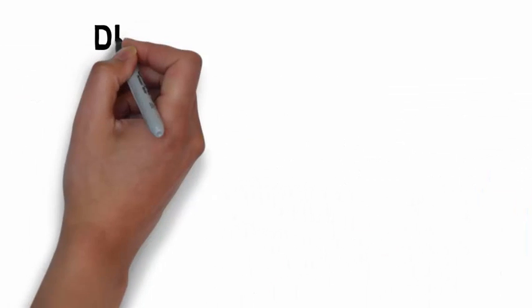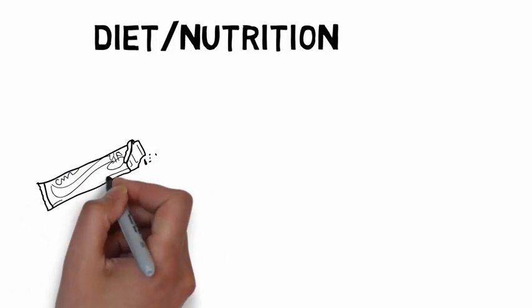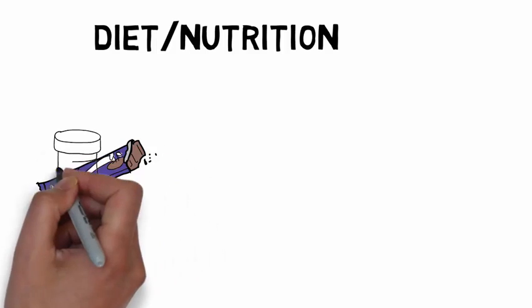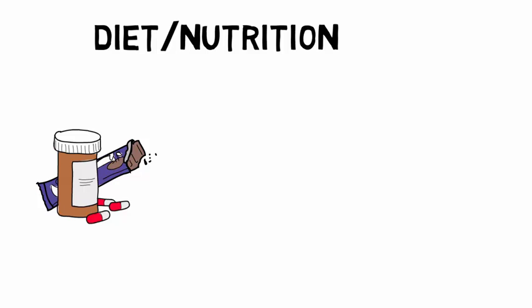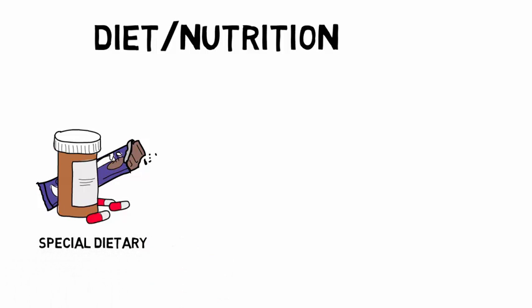Diet or nutrition. Be aware of the special dietary requirements of the student with CF. Allow students with CF to eat snacks in class or to have extra time for lunch. Allow these students to carry and take their special enzymes and vitamins. Exercise and extracurricular activity.